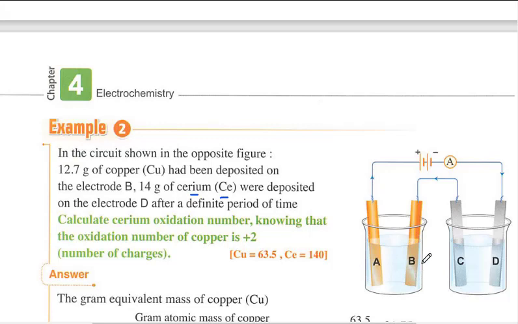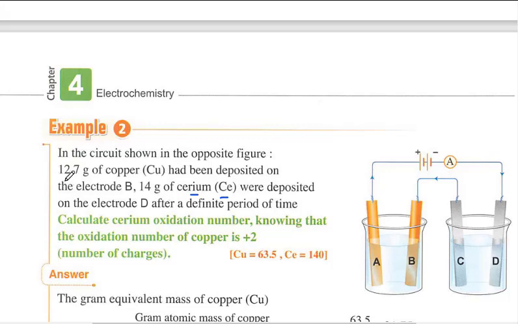So here the question speaks about copper and cerium, and there is a deposition of copper on the cathode of one electrolytic cell, and deposition of cerium on the cathode of the other electrolytic cell.